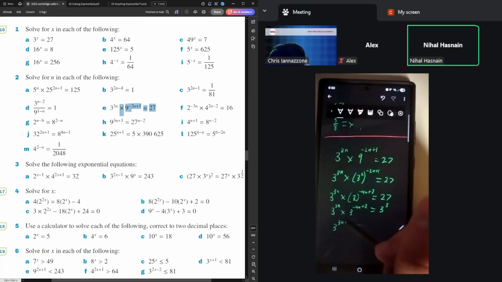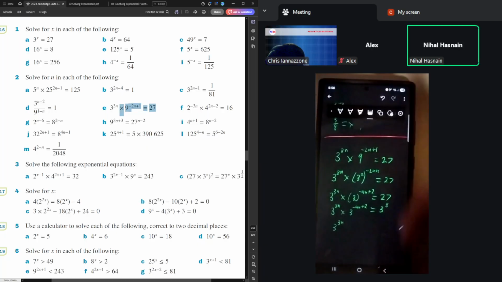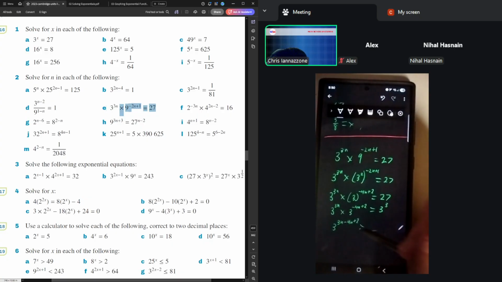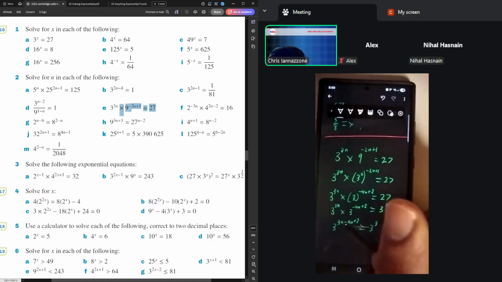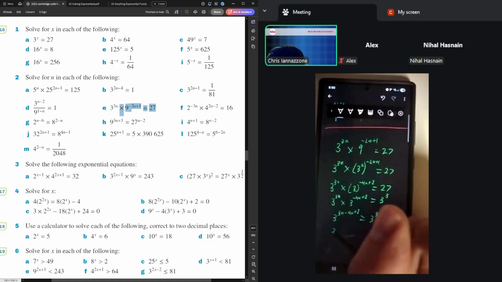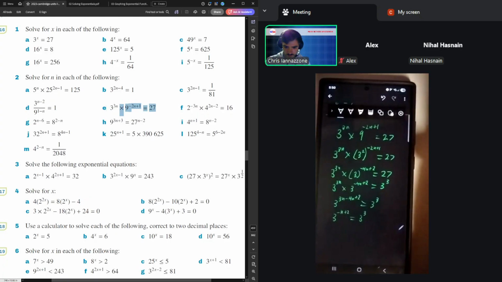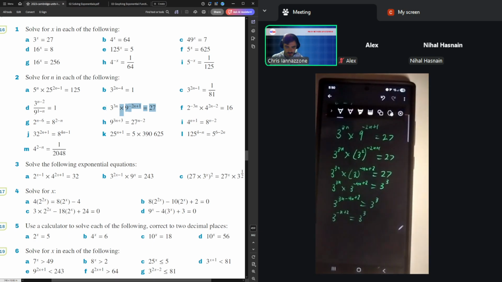Yep. 3n minus 4n plus 2 equals 3 to the 3. I'll also take it a step further. So it's going to be minus n plus 2 equals 3 to the 3. Yep, that works.